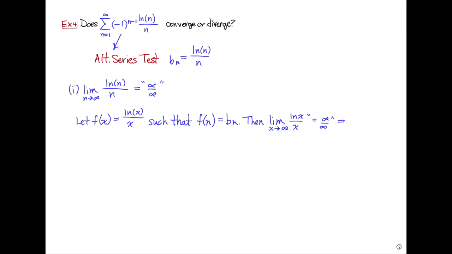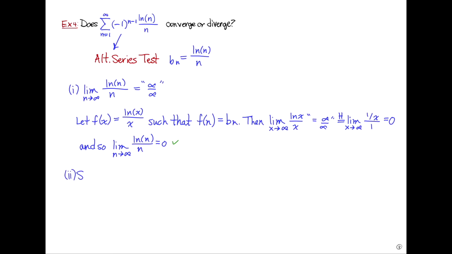And so, using L'Hopital's rule, this is equal to the limit as x approaches infinity. The derivative of the numerator, natural log x, is 1 over x, and the derivative of the denominator is 1. And so now as x is going to infinity, 1 over x is going to 0. That tells us that the limit as n approaches infinity of the natural log of n over n is equal to 0. So we've satisfied the first condition of the alternating series test.